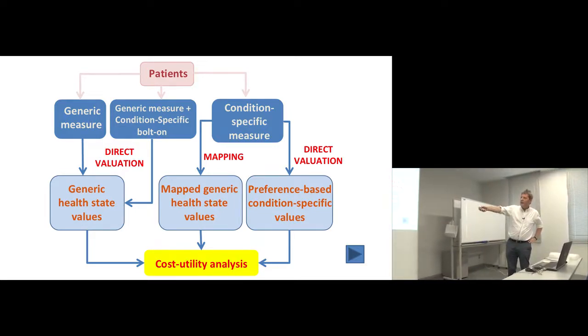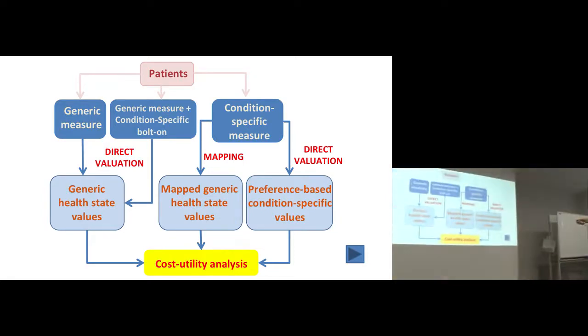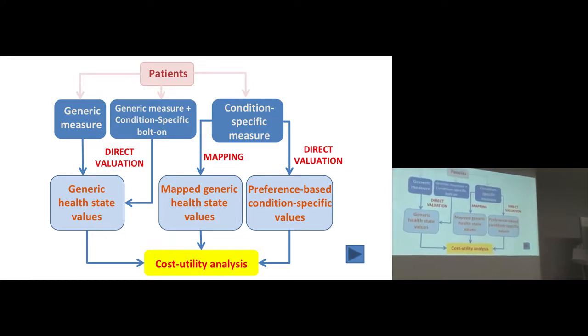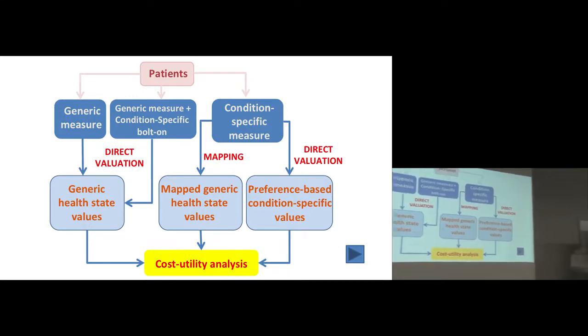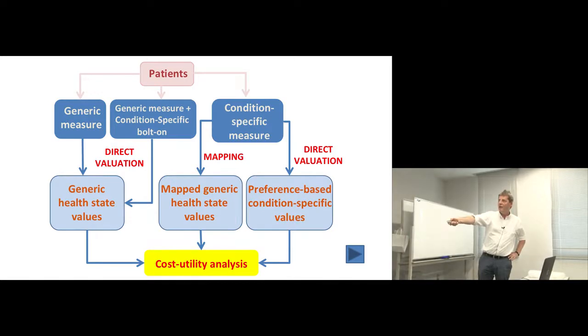So down here we have generic measures such as EQ5D, and as we'll see, these can be directly valued using a range of methods, but most commonly time trade-off, and you end up with generic health state values.